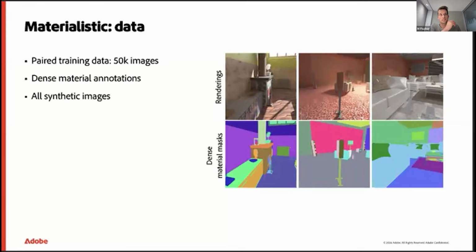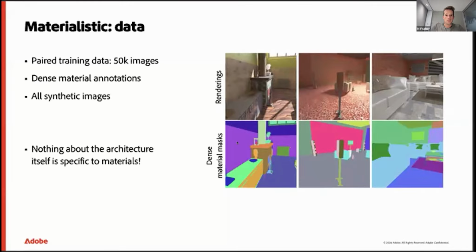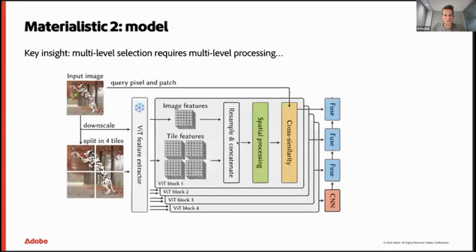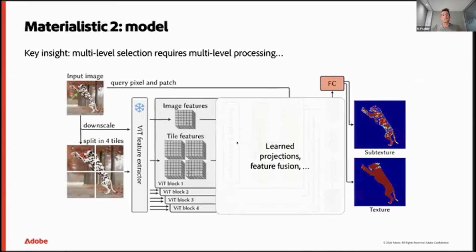No, sorry, that was maybe an artifact of how the figure was laid out. I can go back to the slide to make it a bit more clear. I think it's referring to this slide. Both the downscaled image and the tiles, so the insets, go into the same ViT processor, and I abstracted this away, but here we have image features and the tile features, and in this learned projection and fusion model, they're all combined and processed together.